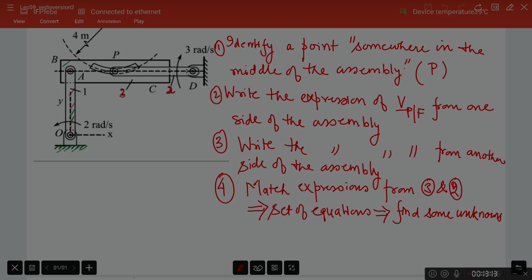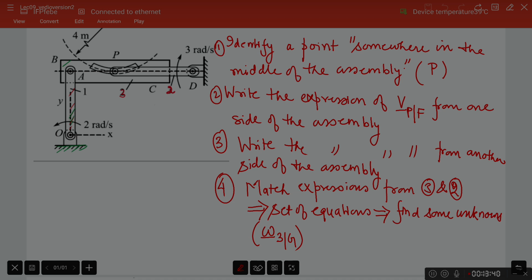In this case, performing steps 1, 2, 3 and 4 will help me find omega 3g. However, if you read the problem statement shown on the previous slide, we are not being asked to find omega 3g.